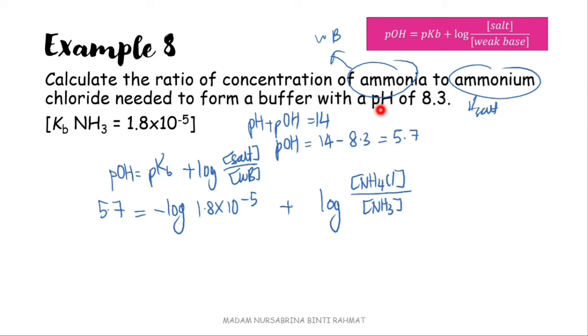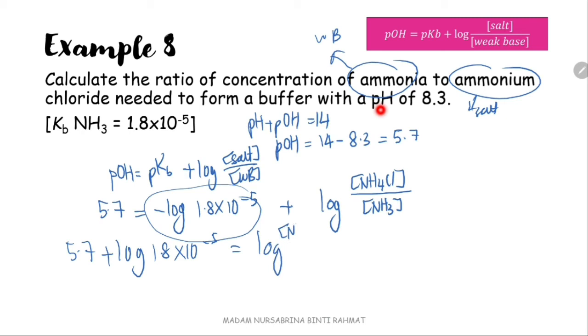From here, you are going to rearrange the values. So 5.7 minus pKb, so this one is going to be positive. So 5.7 plus log 1.8 times 10 to the power of negative 5 equals log of NH4Cl over NH3 concentration. Okay, so I will get 0.955.